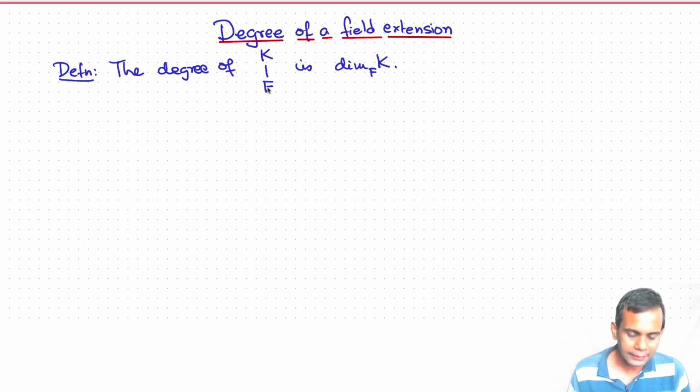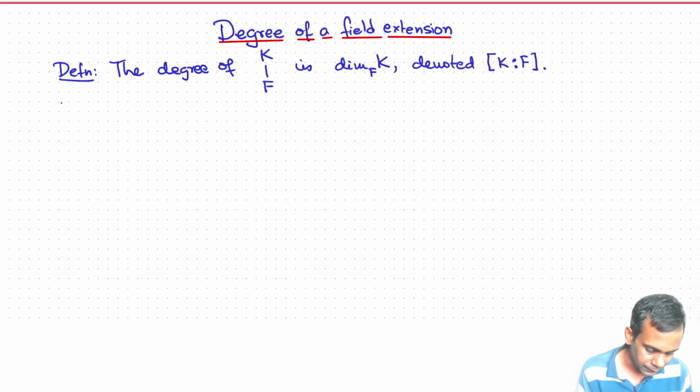And in this case, F is a field, so K is a vector space over F. It makes perfect sense to talk about the dimension of K over F. And the notation is [K : F].